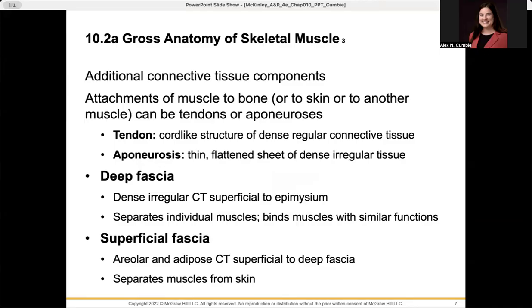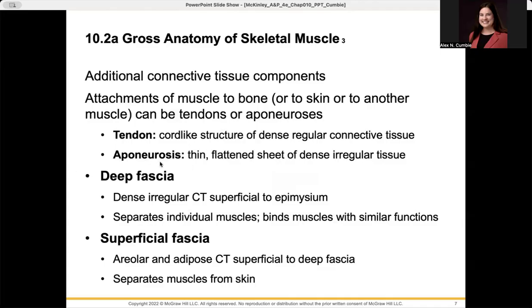You might have already noticed an aponeurosis when you were studying your muscles for lab. There is an aponeurosis between the frontalis and occipitalis muscles in the head. We learned the muscle occipitofrontalis that is connected by an aponeurosis. And most of the time, when you look at these models or pictures of tendons, aponeurosis, or fascia, it's going to be white tissue on any kind of model or picture.